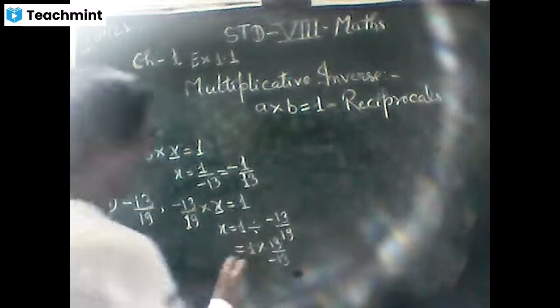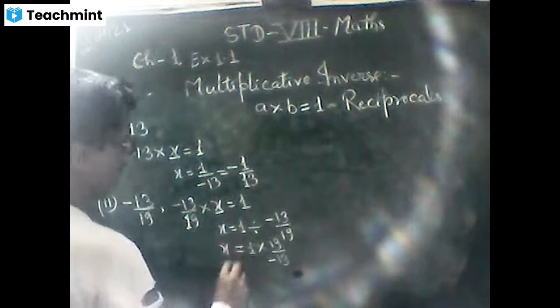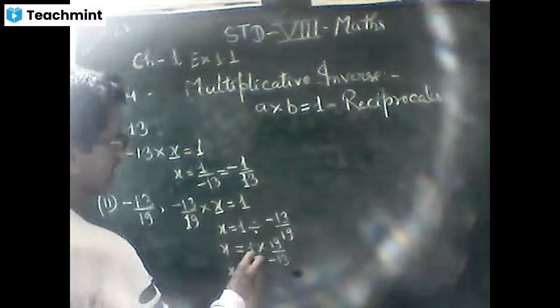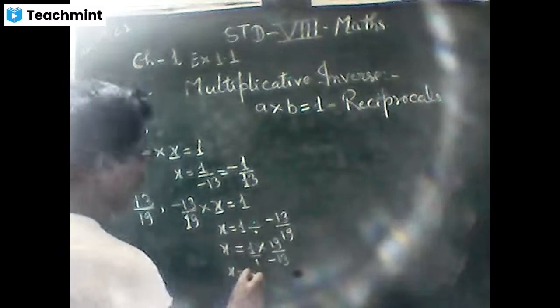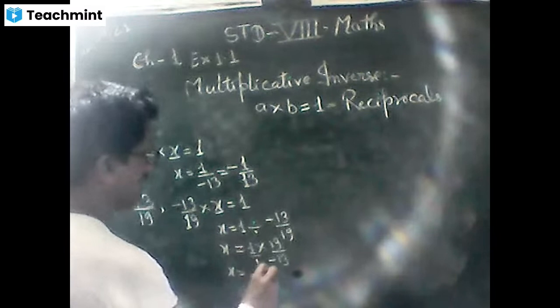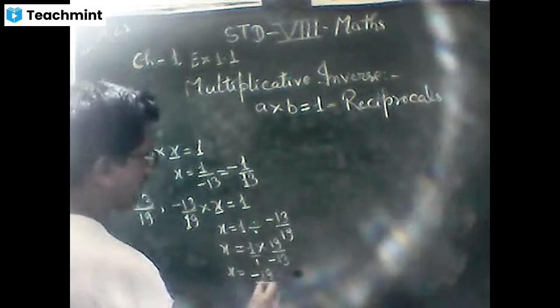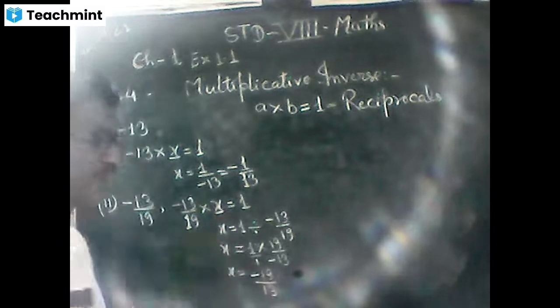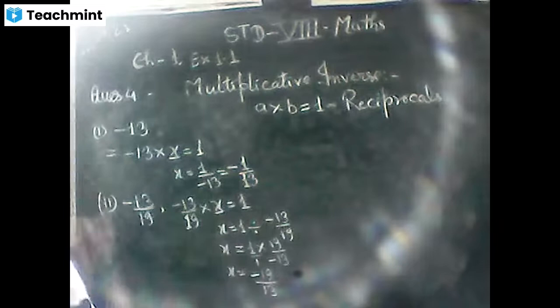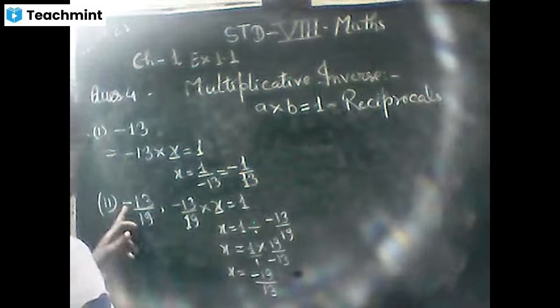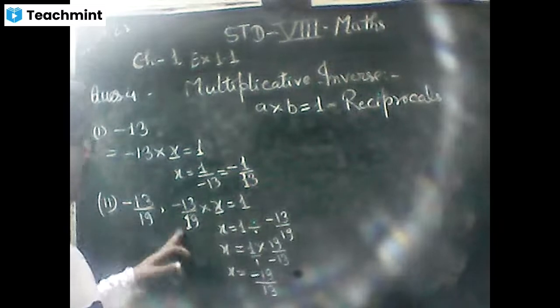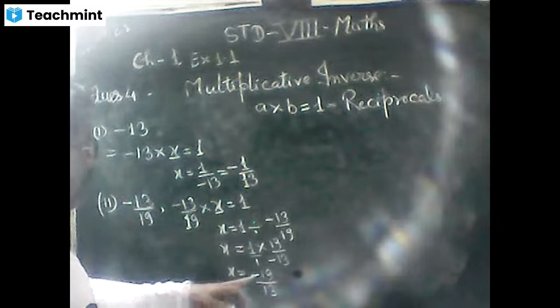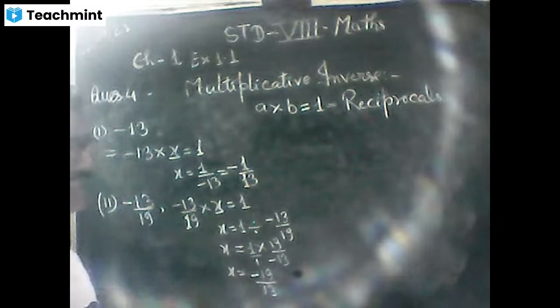And we find the value of x. We can also write it as 1 by 1, and 19 1 ja 19 and 13 1 ja 13, and we write that minus 13 by 19 has the reciprocal minus 19 by 13.